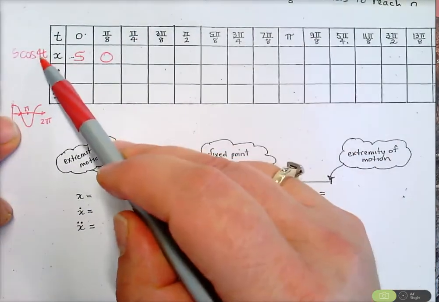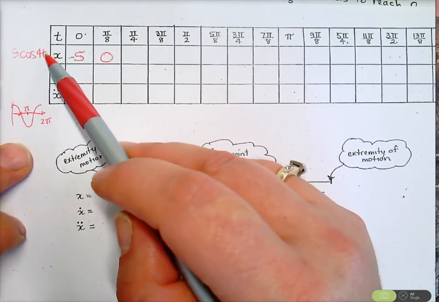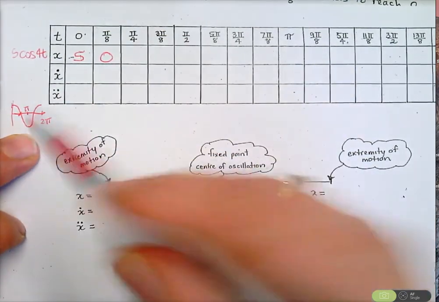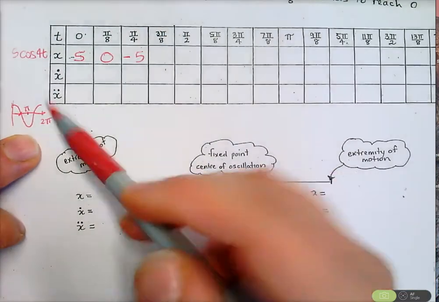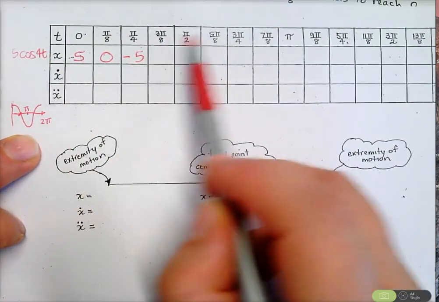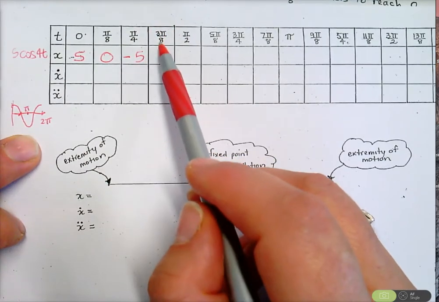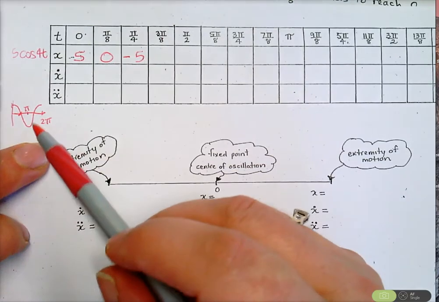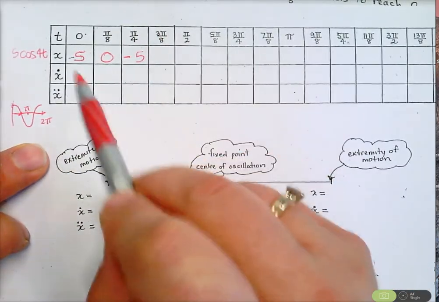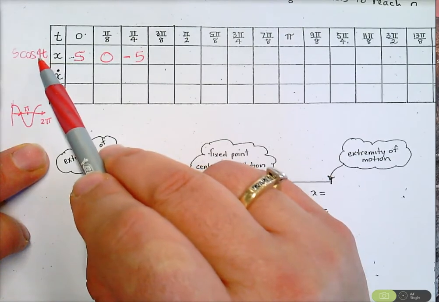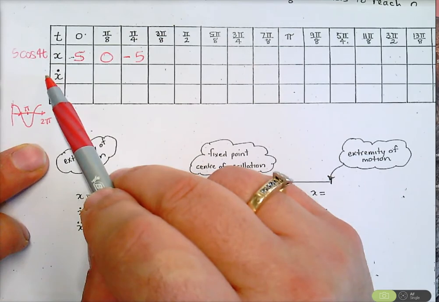What about when t is pi on 4? It's 4 pi on 4, which is just cos of pi, which is negative 1. So 5 times negative 1 is negative 5. Now 3 pi on 8. If t is 3 pi on 8, you get 4 times 3 pi on 8, which is 3 pi on 2.